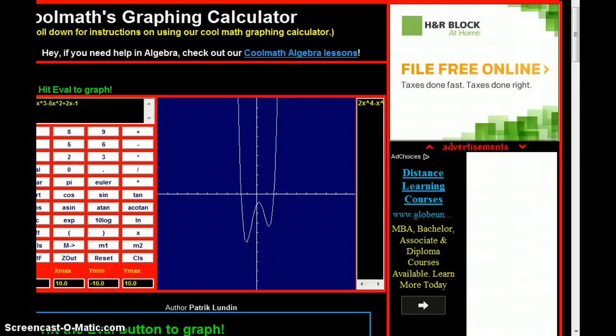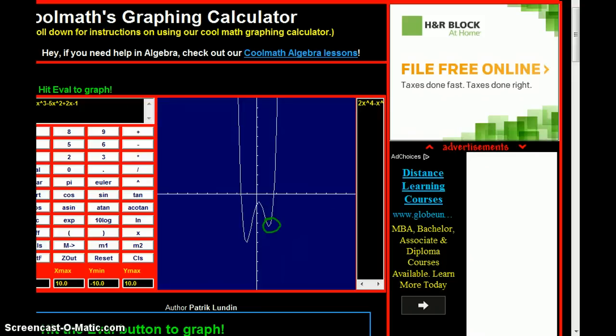So here's the picture you would see in your calculator if you type this equation in. I'm using a website here from Cool Math. I just borrowed their graphing calculator for the purposes of showing this. When we're talking about relative max and relative min, this point here is not the minimum value of the graph.